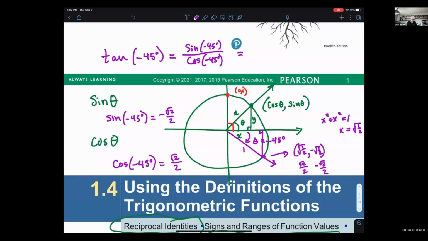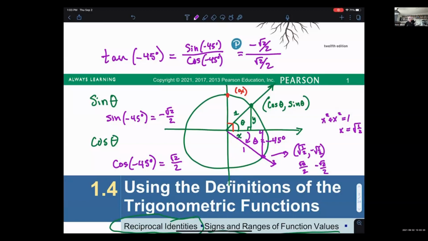So that means it looks kind of ugly. I'd get what's called a complex fraction, negative the square root of 2 divided by 2, that's the sine answer, all divided by positive the square root of 2/2. Sometimes when complicated fractions like this show up, we multiply on the top and bottom by the LCD to clear fractions.